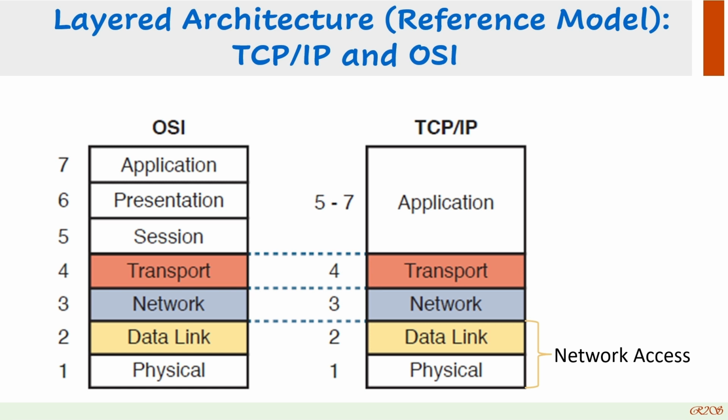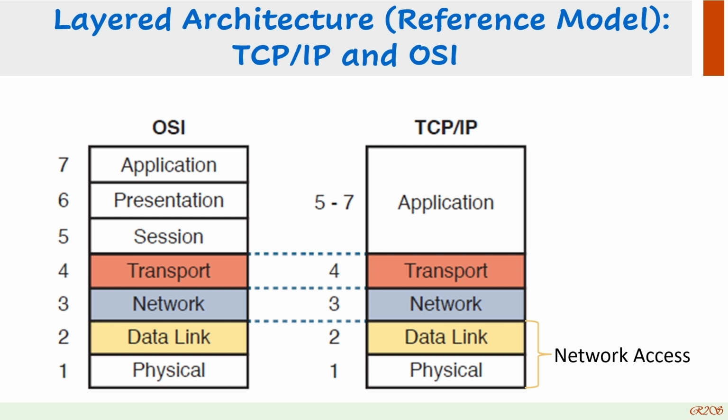In some literature or resources, you might see TCP/IP has 4 layers. In that case, the data link and the physical layer together are called the network access layer. But let's consider now that TCP/IP has 5 layers: physical, data link, network, transport, and application layer.